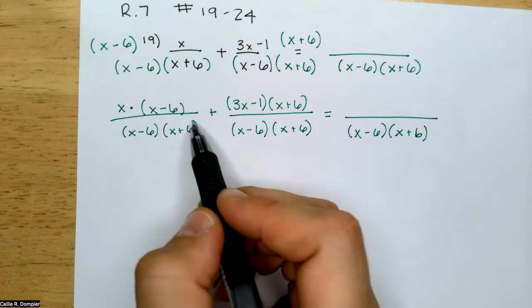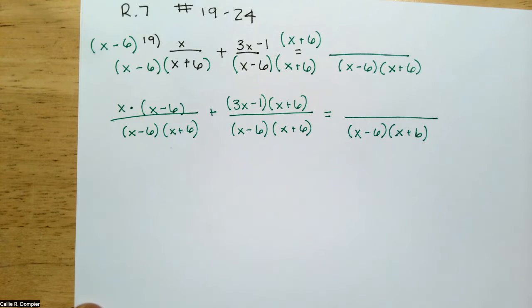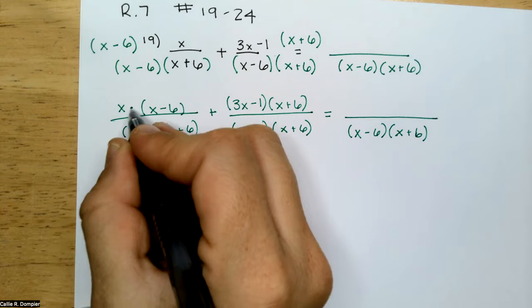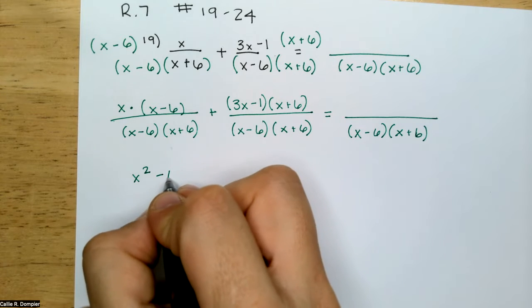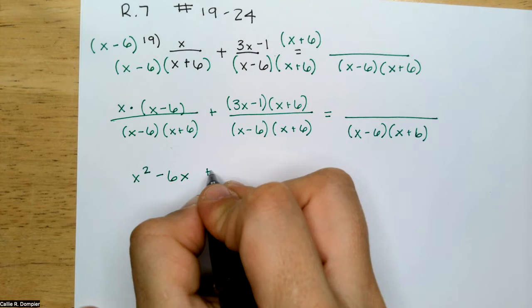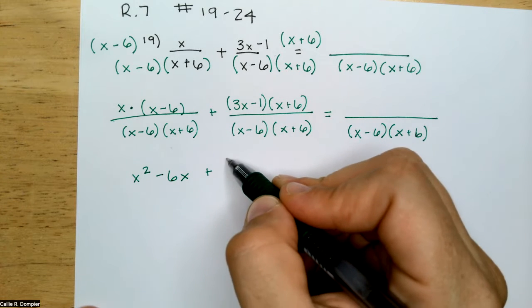First, I want to factor it out. If you want to add it first, it doesn't really matter, but x times x is x squared. X times a negative 6 is minus 6x plus, you don't need to put parentheses around this whole thing because it's addition, but you can.